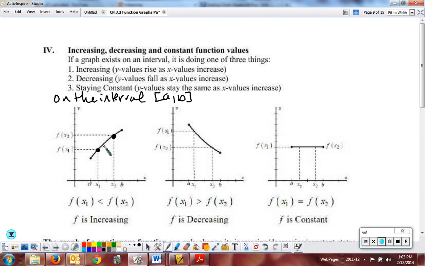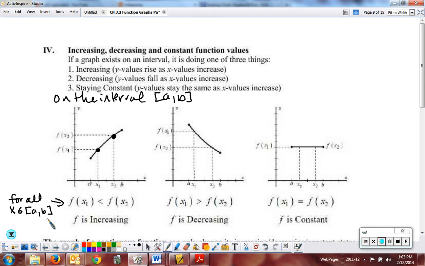Therefore, the function is considered to be increasing, going up from left to right. Technically, this is true for all x in this interval. That statement, that the y value for the first x you encounter is smaller than the y value for the second x that I encounter, that's what I'm looking for in increasing.